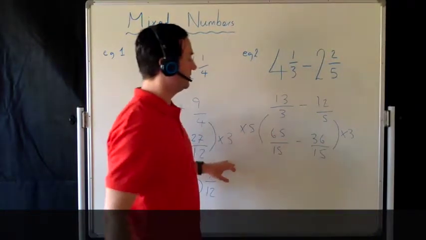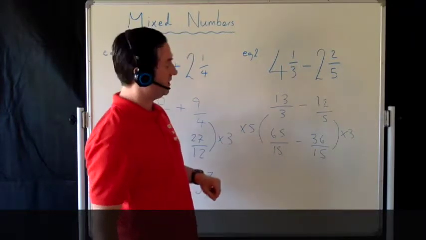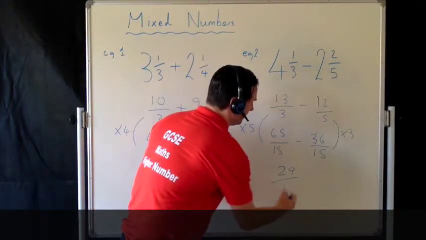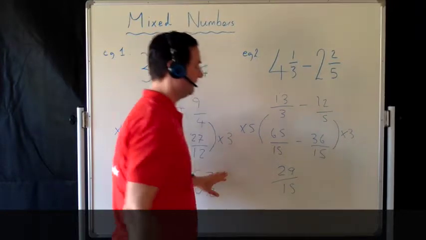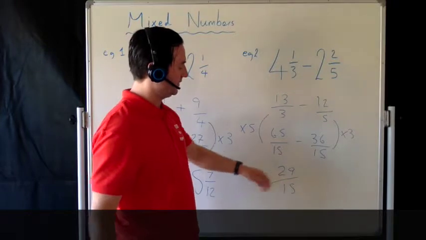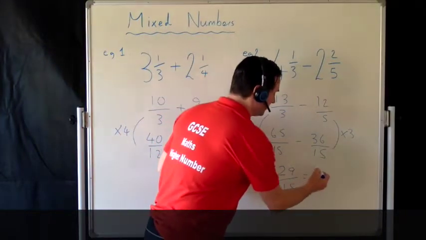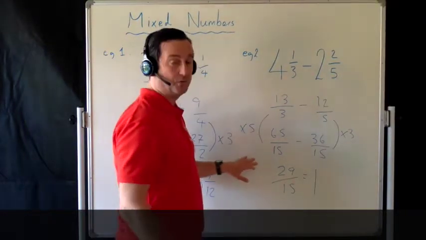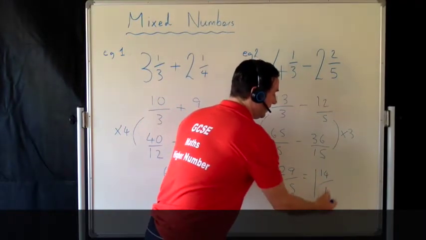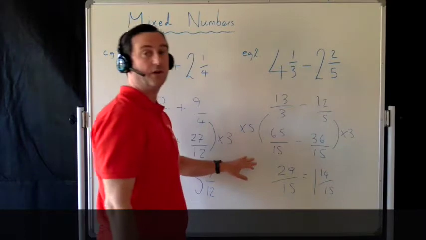If I take the 36 away from the 65, I get 29 over 15. To turn that back into a mixed number, I know that 15 goes into 29 only once, and there are 14 left over, so my final answer becomes 1 and 14 over 15.